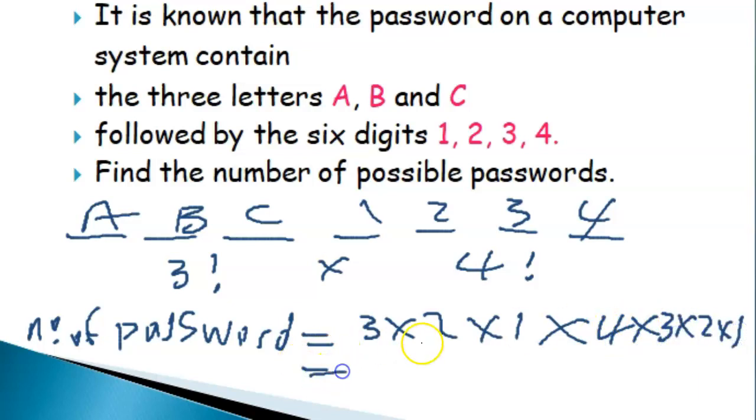So 3 factorial is 6, and 4 factorial is 24, so 6 times 24 will give us 144.